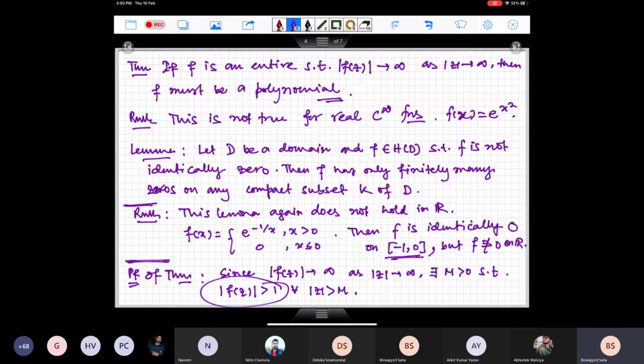Okay, great. So I am left to prove the lemma, right? I can prove this lemma independently, but rather I am going to prove a stronger theorem, and then we will get this as a corollary.